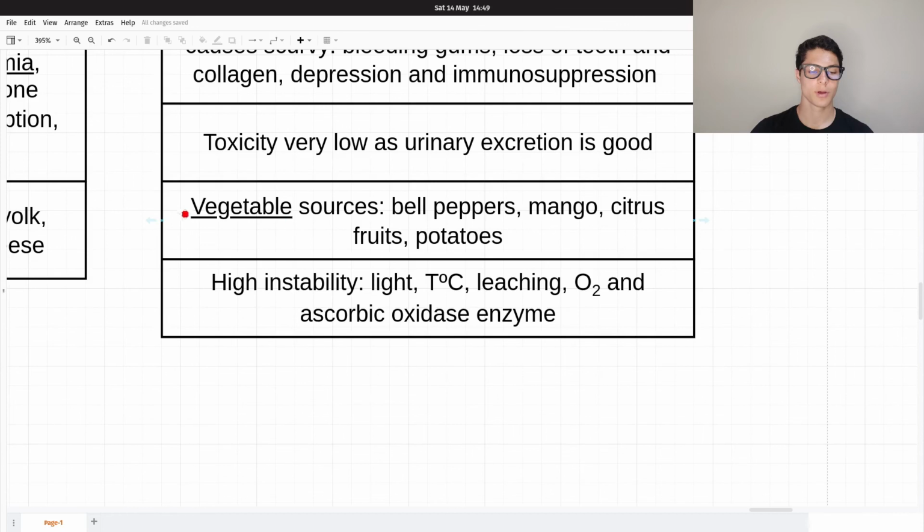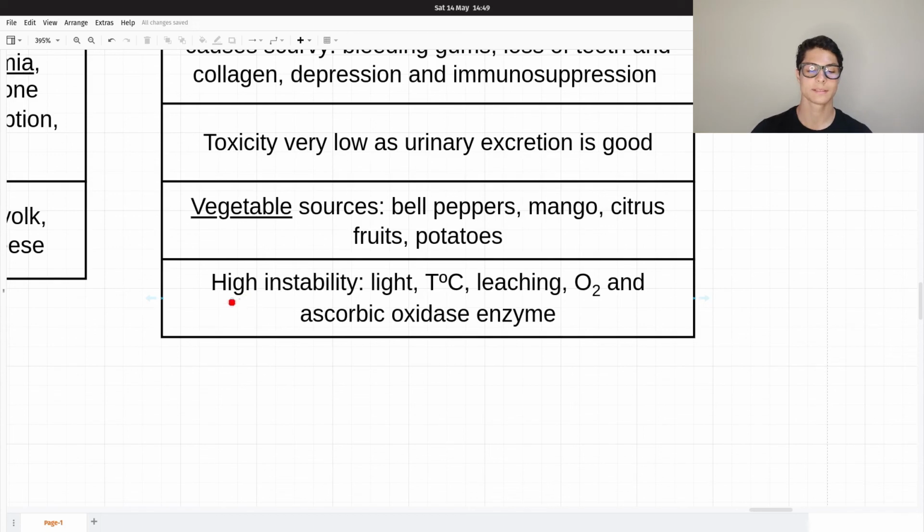And the sources, well, mainly vegetable, and we find high amounts in bell peppers and mango, a little bit less in citrus fruits, and then a little bit less in potatoes. But these are all the ratios from high amounts to moderate amounts.